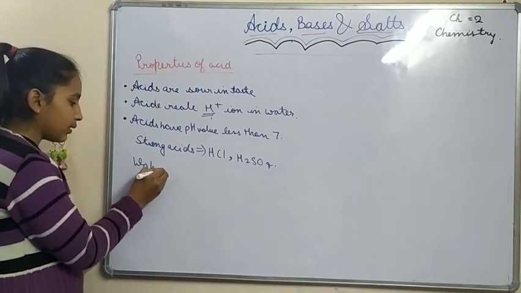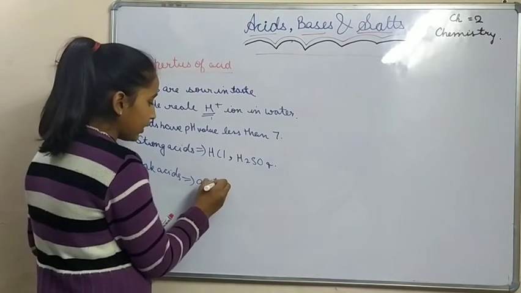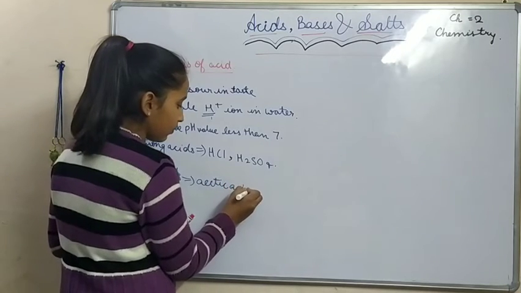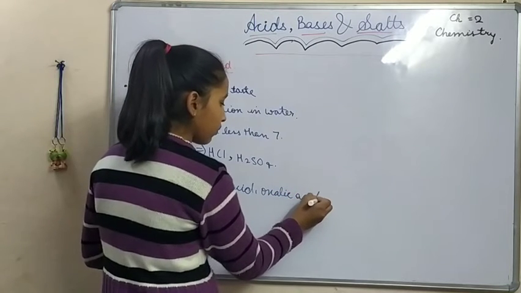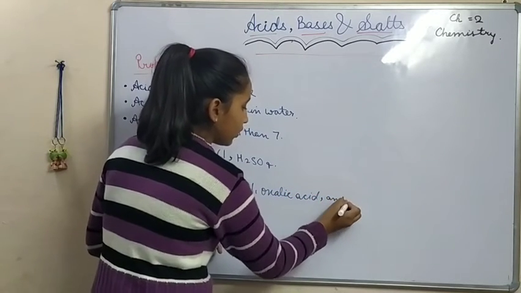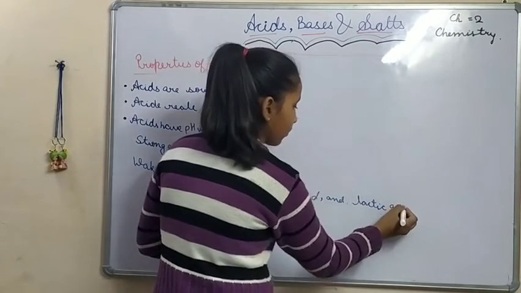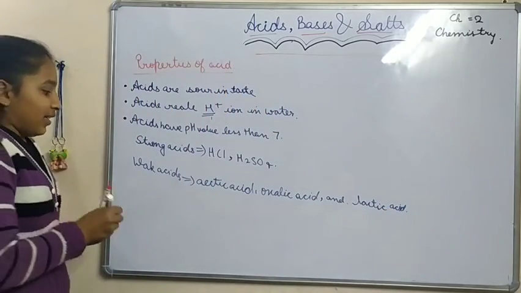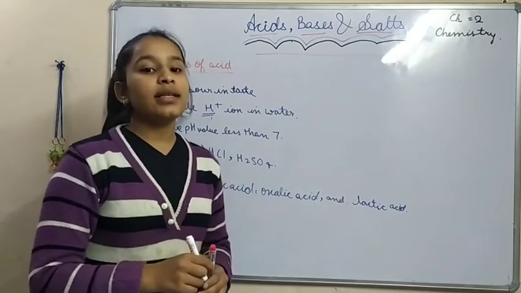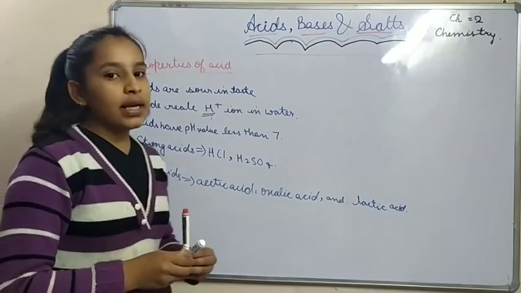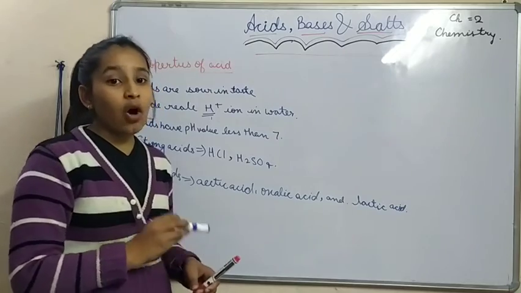The weak acids, like lactic acid, are present in sour substances like lemon, orange, and so on.